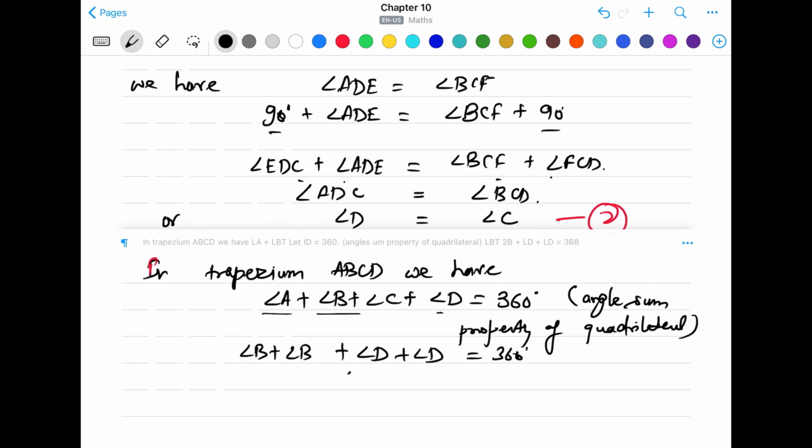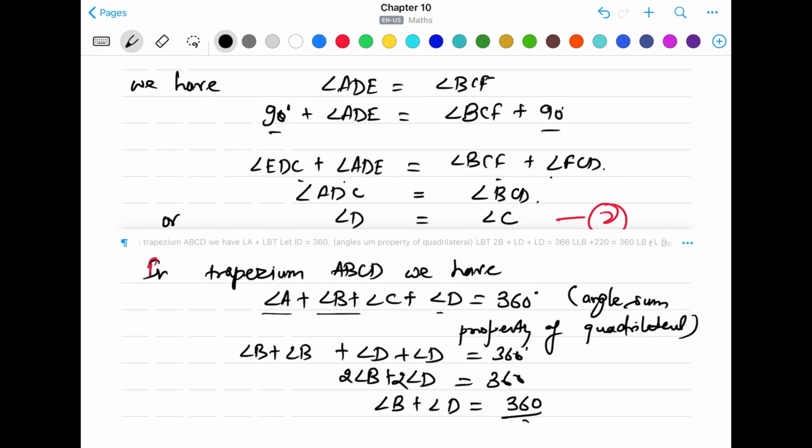This will give us twice of angle B plus twice of angle D equals to 360 degree, or angle B plus angle D will be equal to 360 degree divided by 2 equals to 180 degree.